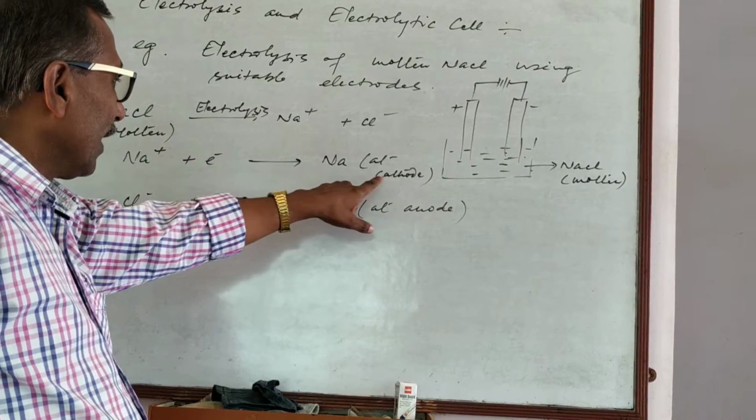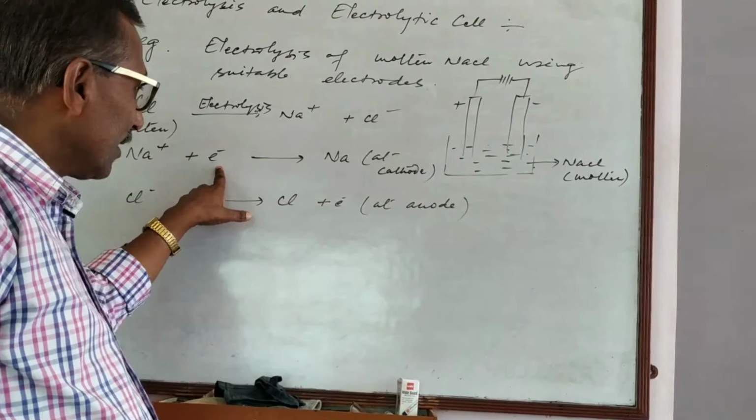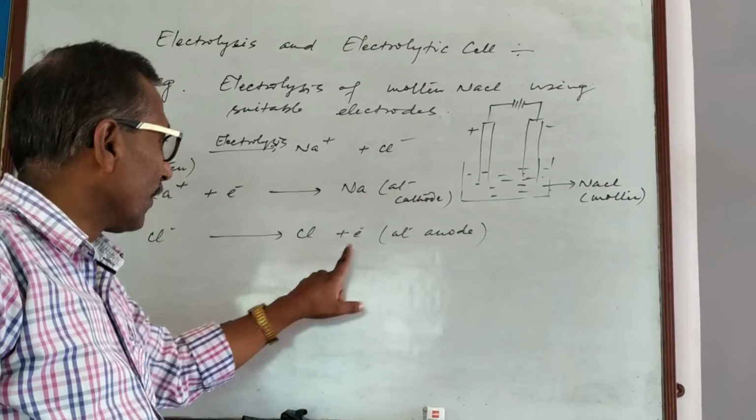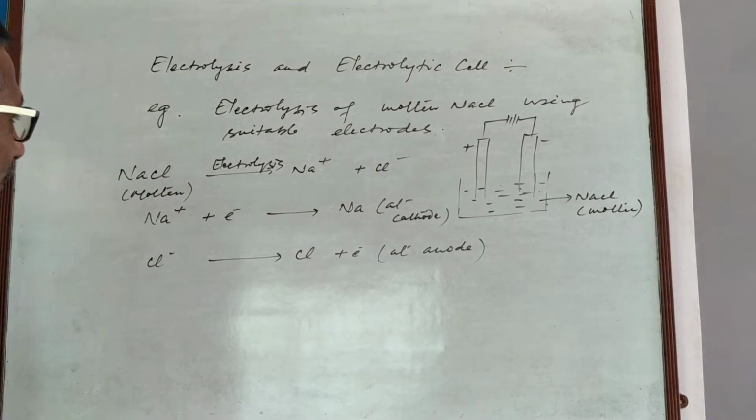Here also, at the cathode reduction takes place and at the anode oxidation takes place.